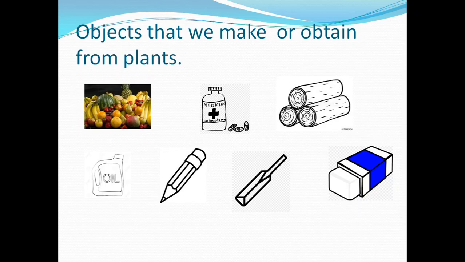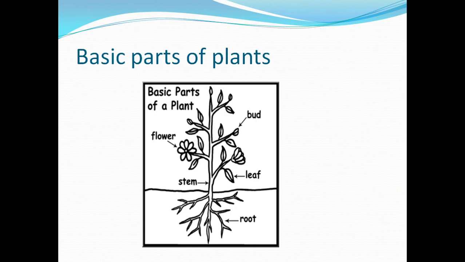Now we will see some parts of plants, right? We know flower is there, stem, root, leaf, bud. Each has its own function, right? Root absorbs water, and then stem and branches help it to go to the leaves, right? Bud is there, flower, leaf, stem.